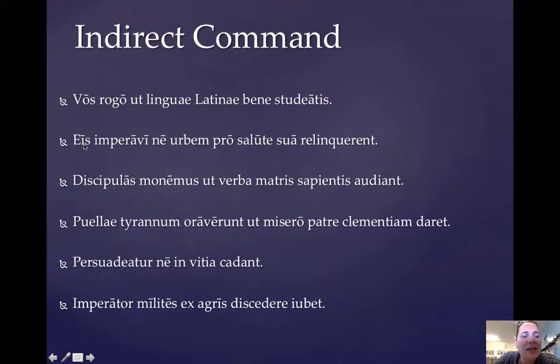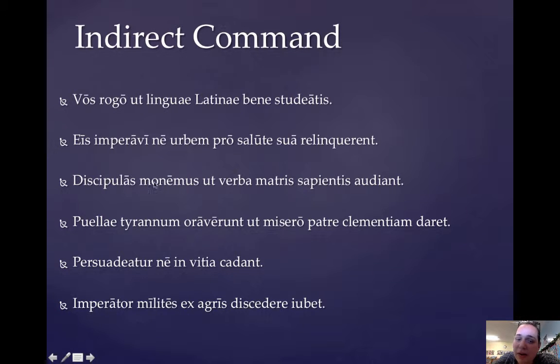I commanded them, eis, ne, that they not leave the city or abandon the city on behalf of their own health or their own safety. It sounds a little awkward. So again, you can translate ne relinquerent as not to abandon. I commanded them not to abandon the city for their own safety.